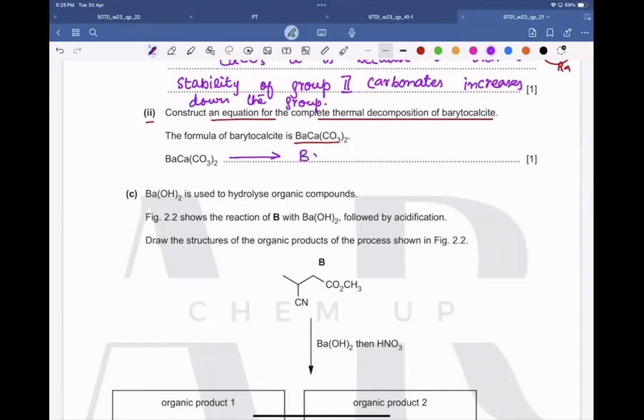So we are going to get barium oxide, we are going to get calcium oxide and carbon dioxide. As there are two carbonates, it would be 2 times CO2. Is this clear to all of you? Yes.